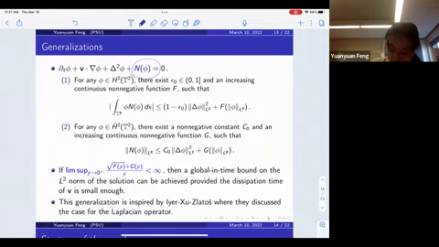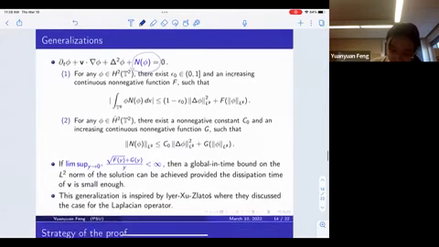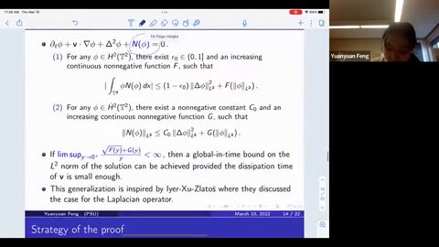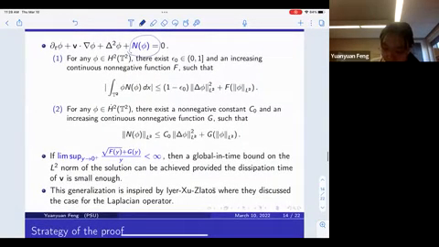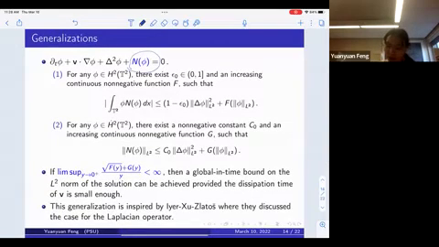Condition 1 says that for any phi in H2, the integral of phi times N(phi), the nonlinear part, is bounded by (1 minus epsilon) times epsilon 0 times the L2 norm of the Laplacian of phi squared, plus some function f of the L2 norm of phi.